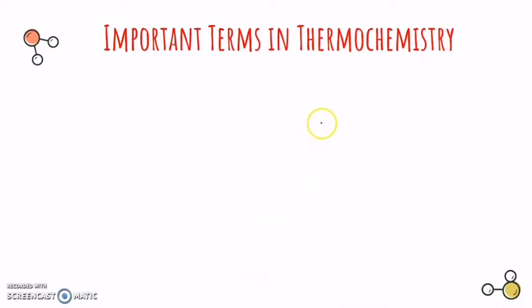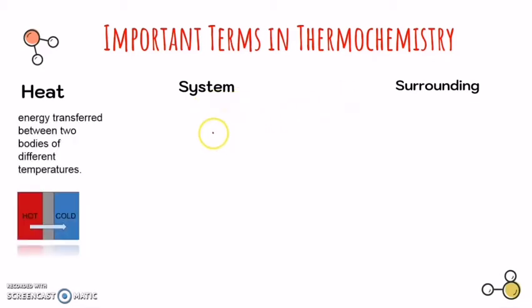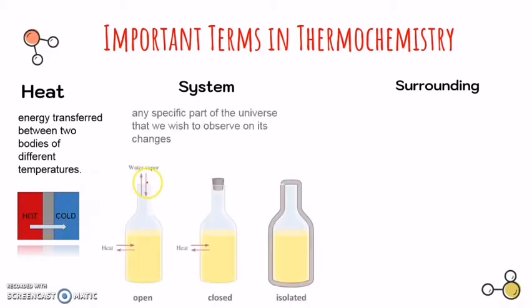There are some important terms in this thermochemistry subtopic, which is heat, system, and surrounding. Heat is energy transferred between two bodies of different temperatures, where the transferring of energy happens from hot bodies to cold bodies.